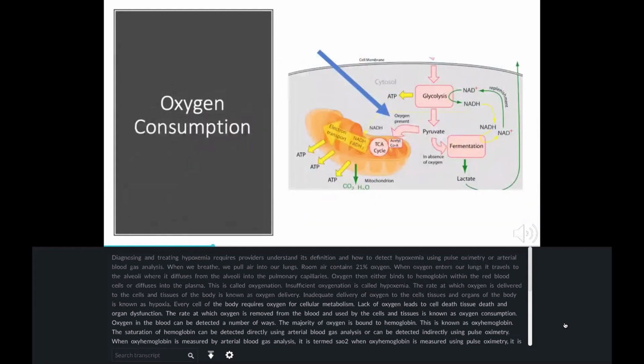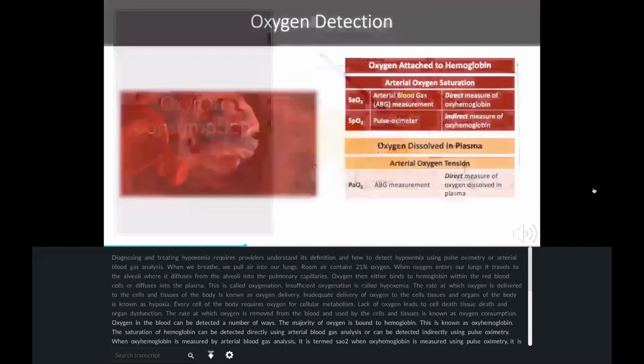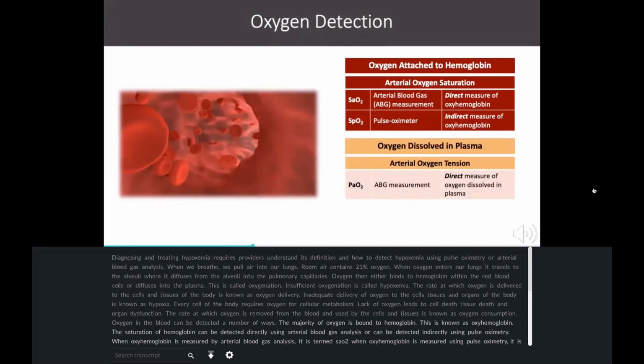Every cell of the body requires oxygen for cellular metabolism. Lack of oxygen leads to cell death, tissue death, and organ dysfunction. The rate at which oxygen is removed from the blood and used by the cells and tissues is known as oxygen consumption. Oxygen in the blood can be detected a number of ways. The majority of oxygen is bound to hemoglobin. This is known as oxyhemoglobin.